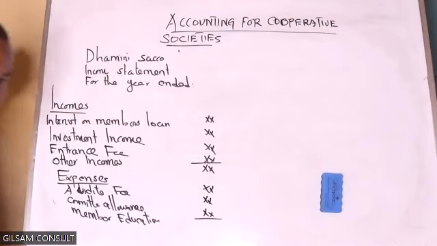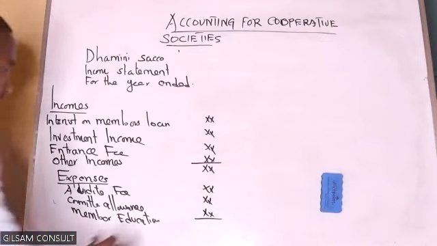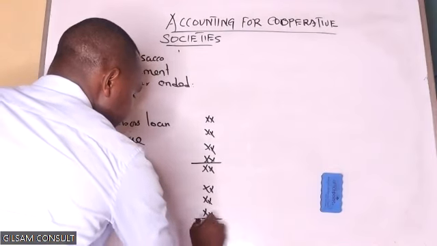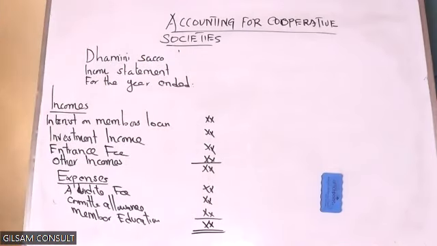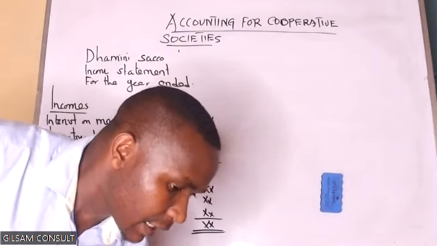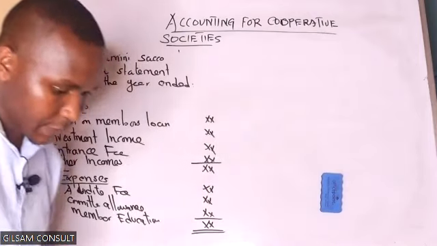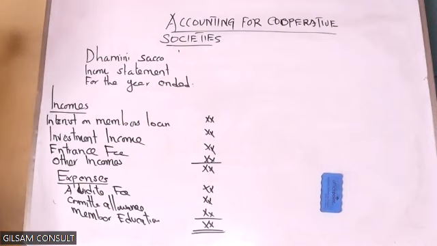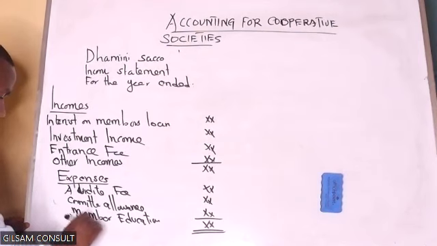So that we subtract and get the net profit. That is the simplest income statement. That is the net profit for the year.